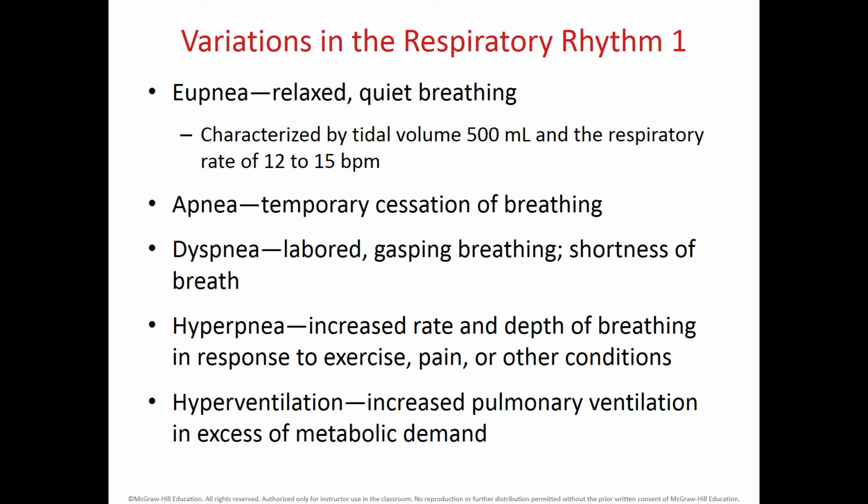Apnea is the temporary cessation of breathing. Dyspnea is when someone has difficulty in breathing. The person can be having labored breathing or gasping for air, or having what is described as shortness of breath.